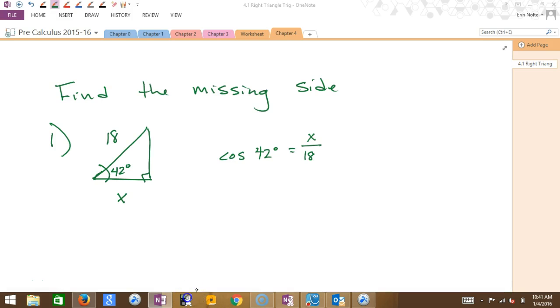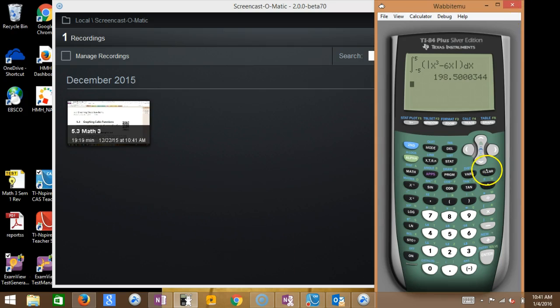Okay, so when you type that in the calculator, make sure again that your mode is in degrees. You should always double check that anytime you're using your calculator, because we might potentially be using a different mode somewhere else. So to solve for x, that's exactly the way I would type it. I'm going to check my mode real quick, cosine, let's see, oh, I'm in radians.